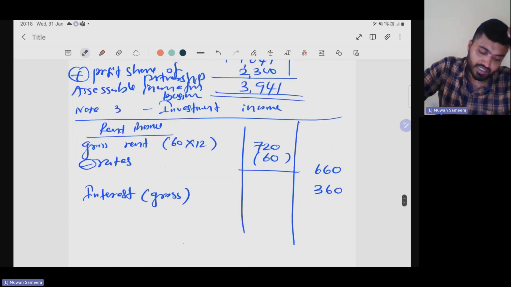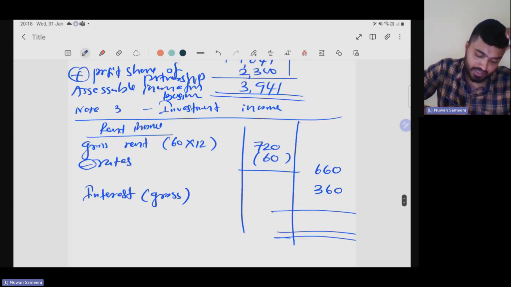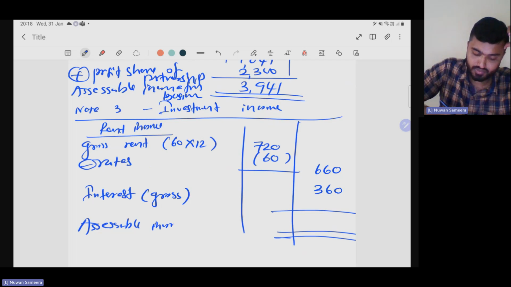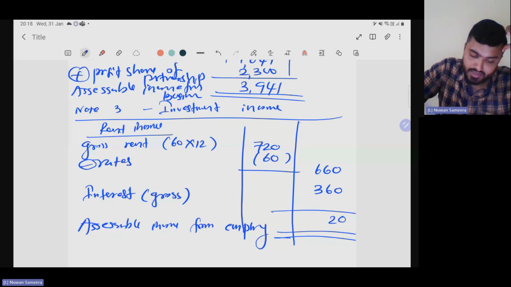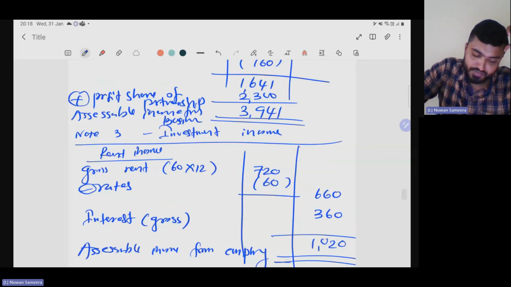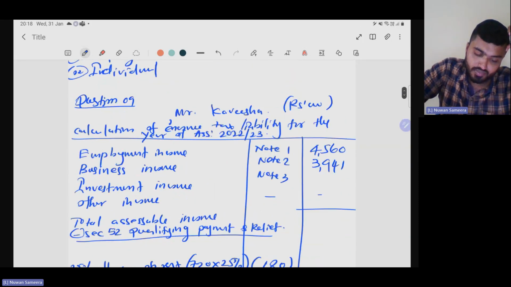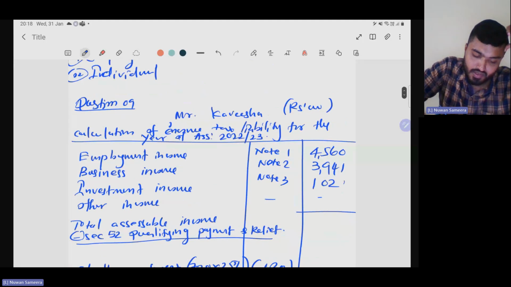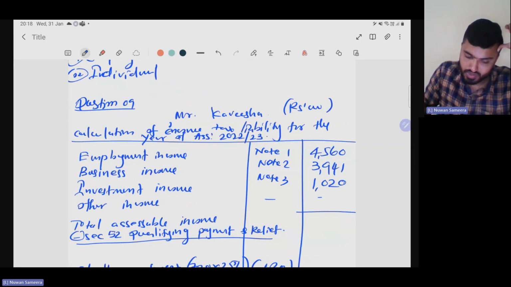So you can take the assessable income from employment. So how much? 1,020. So how much is the total now? 4,560 plus 3,941 plus 1,020, altogether 9,521.